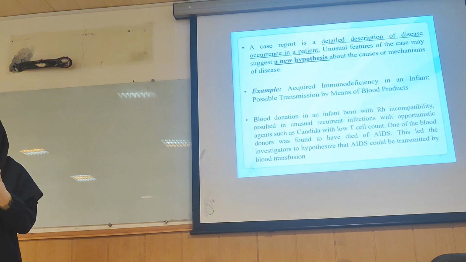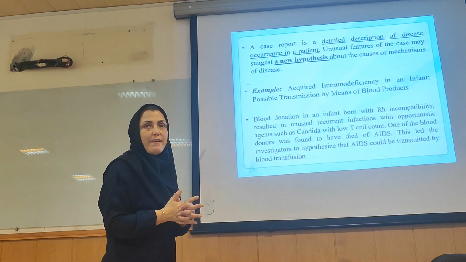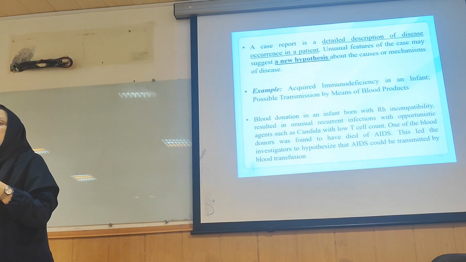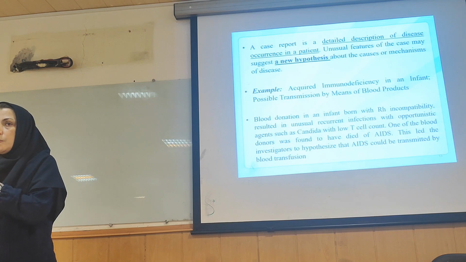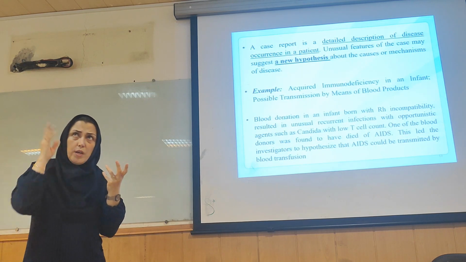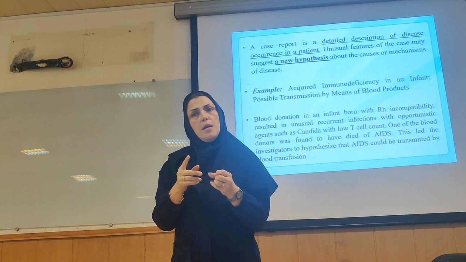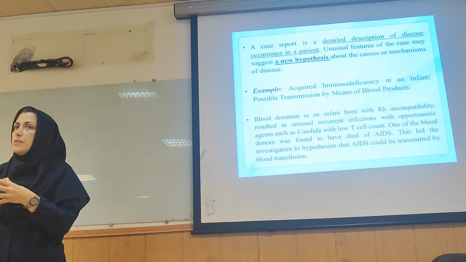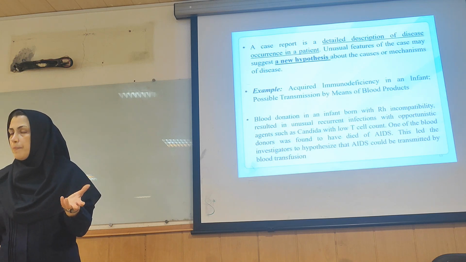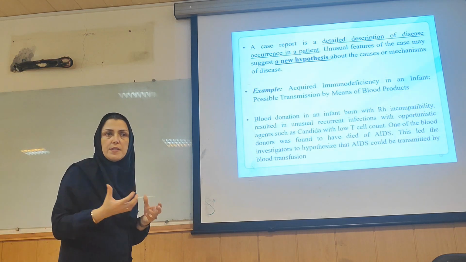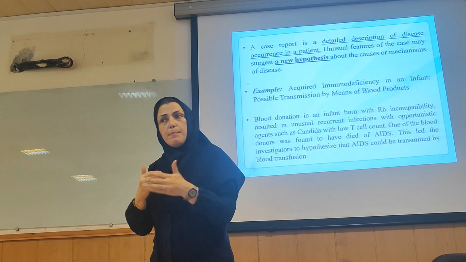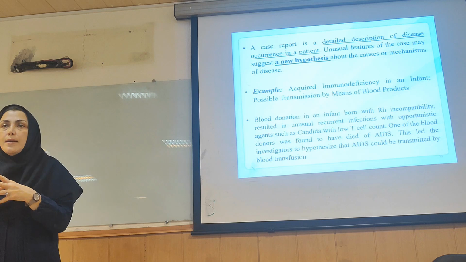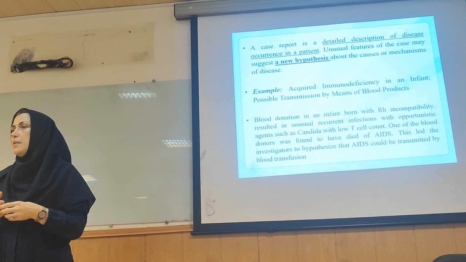After 6 months, that infant started to develop some opportunistic infections. That was so strange because that infant was healthy and the mother and the father were healthy too. It was strange for the physician. The opportunistic infections happened frequently, and the reason behind it was not clear.